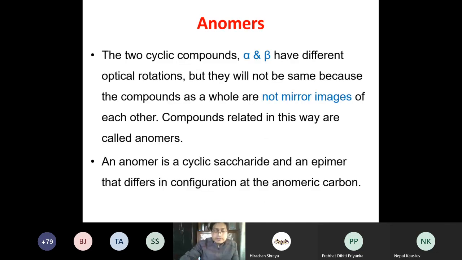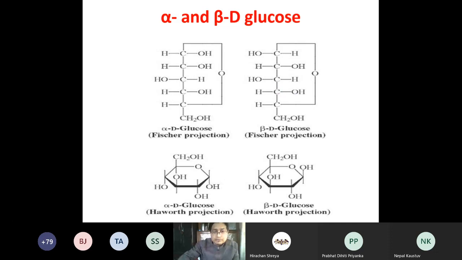Let's read this line again. An anomer is a cyclic saccharide and an epimer that differs in configuration only at the anomeric carbon. Let's see here. In this carbon, the OH is facing downwards, and in this carbon, the OH is facing upward.